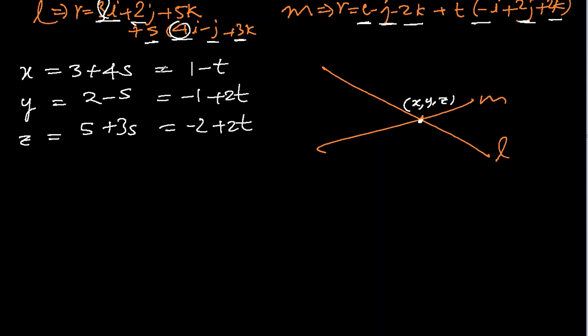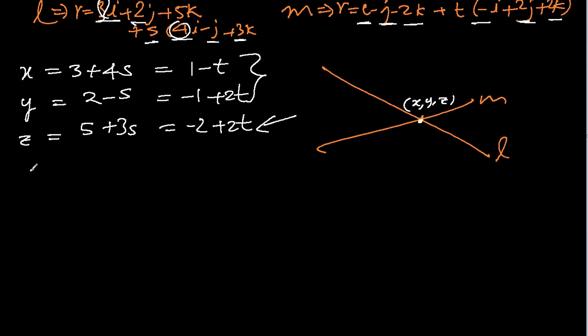So, since we have two variables, two equations are enough to find the value of s and t. However, any combination of s and t will give you a solution. It will be a real solution if these two solutions verify with the third equation. Then only we will say yes, they intersect. So, let's find the value of s and t with the first two equations.